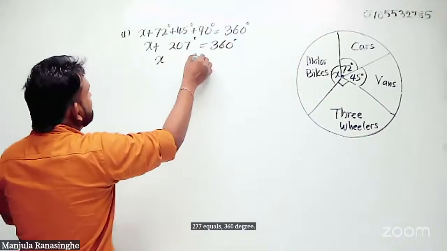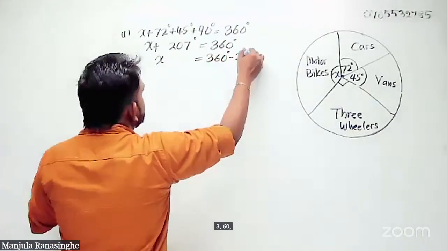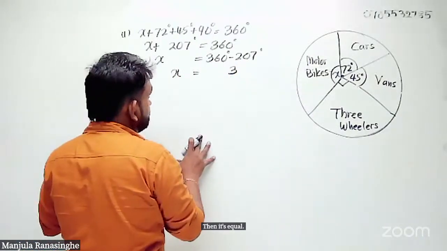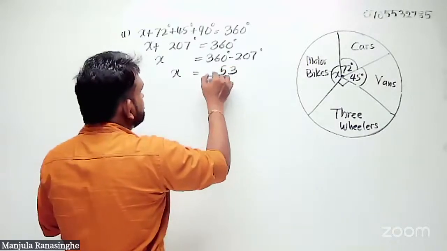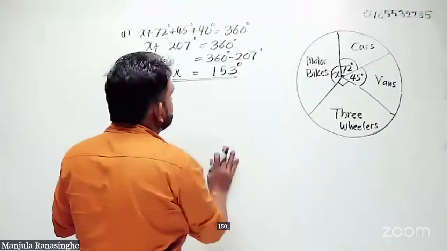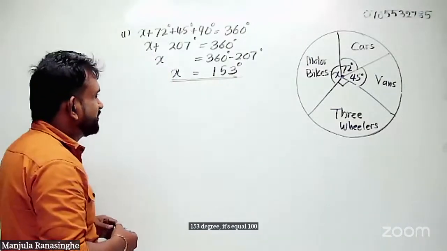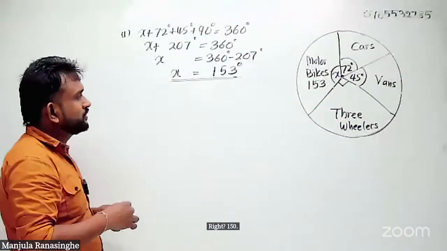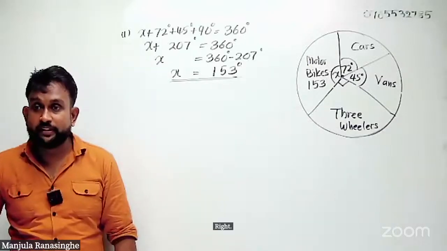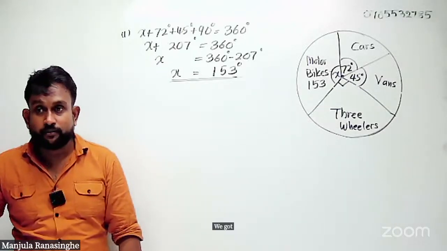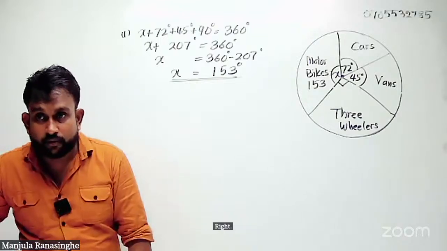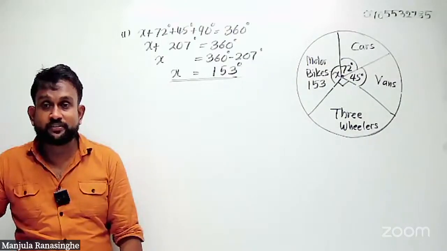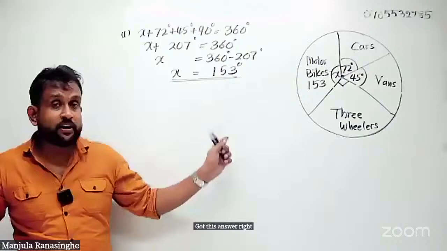So subtract 207 from 360, then x equals 153 degrees. We got this answer, 153 degrees.